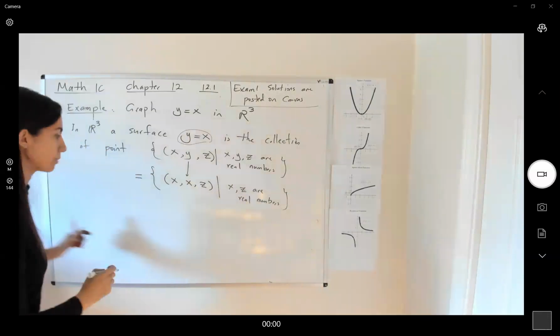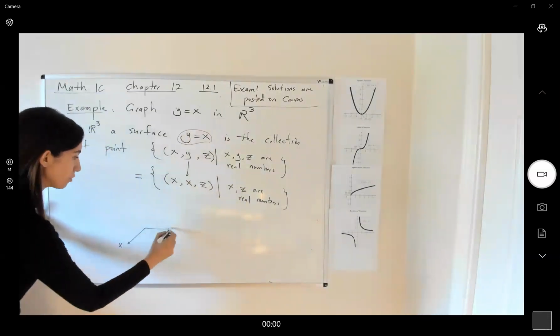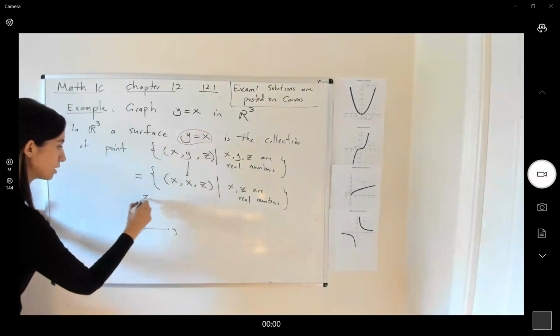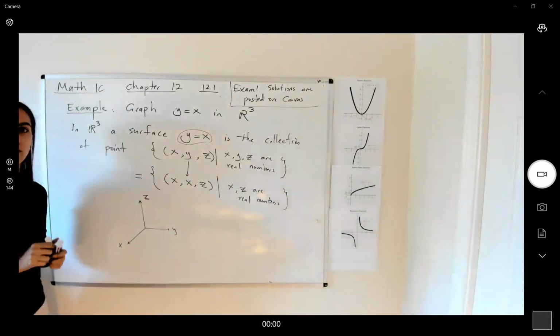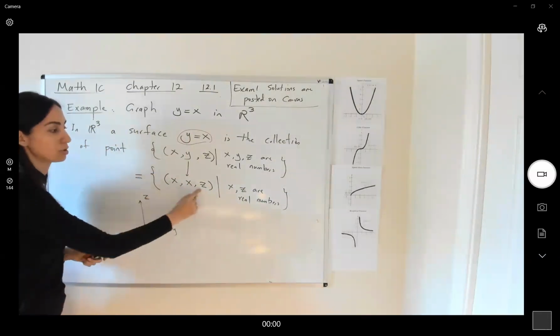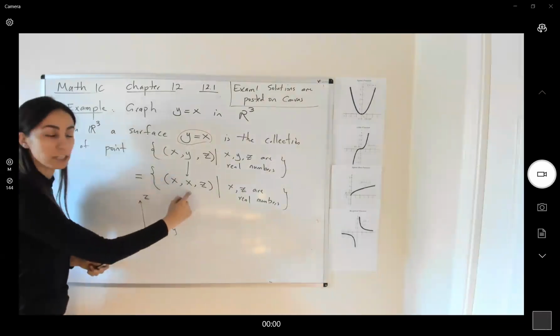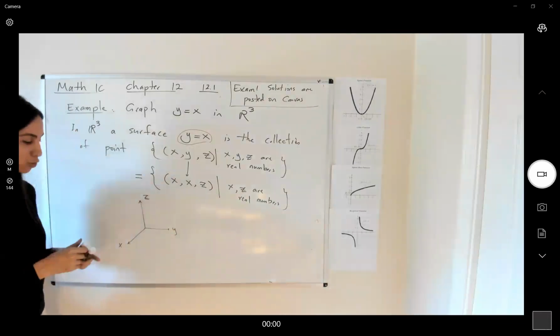Think about it this way. Here, for example, you have your x, here you have your y, here you have your z. X and y are the same. 1, 1, z. 2, 2, z. 3, 3, z. Negative a half, z, and so on.